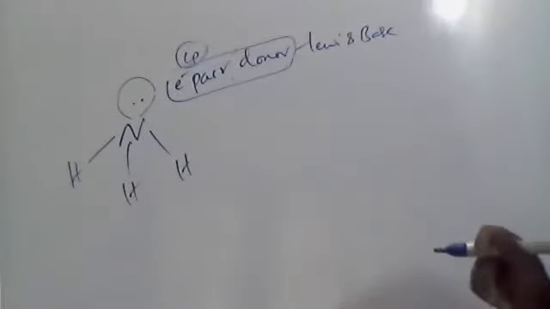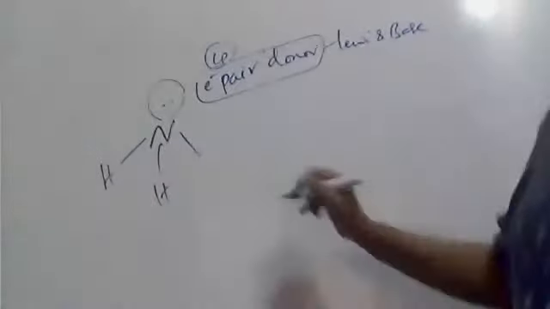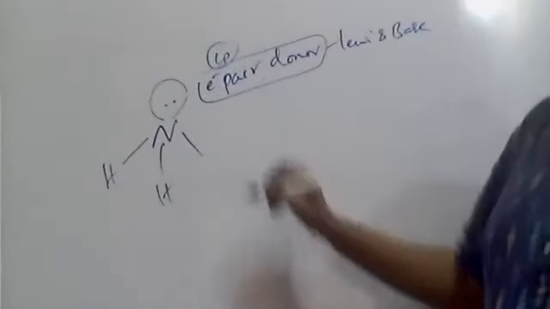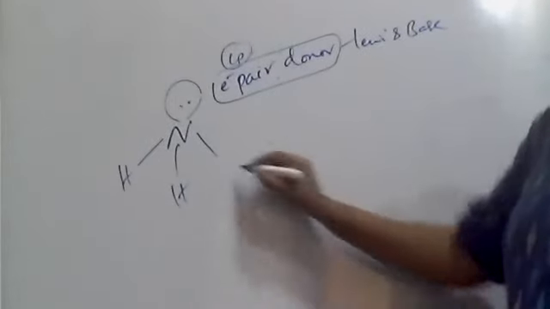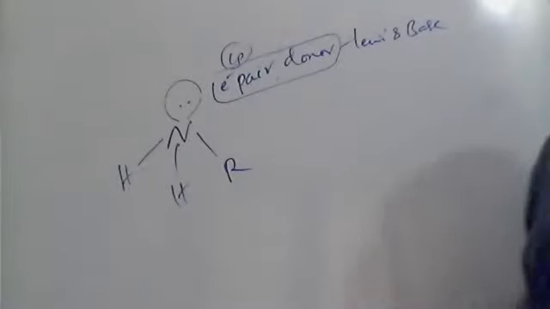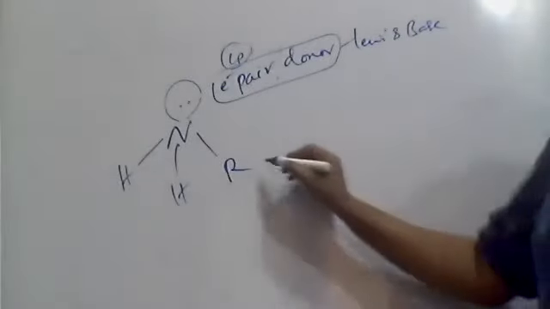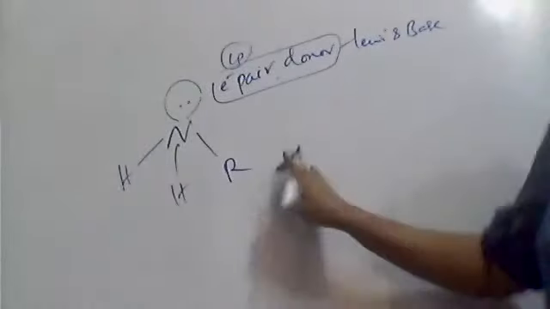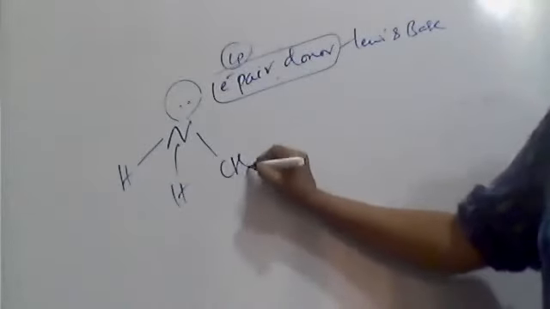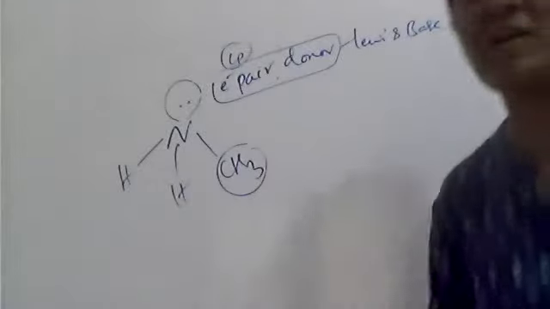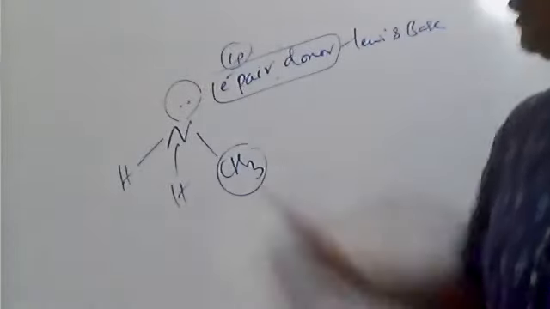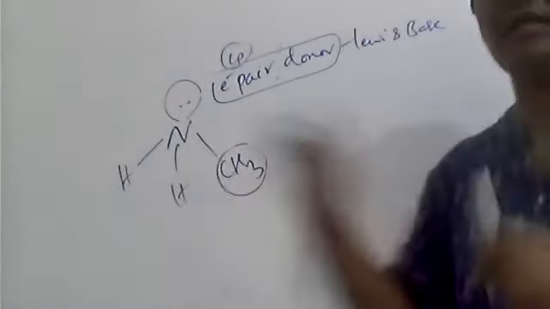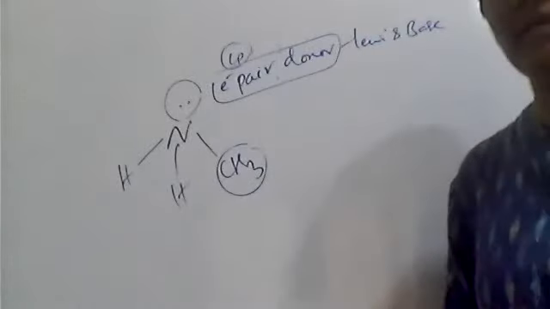So if you replace one by one the hydrogens of ammonia, say if you replace one of the hydrogens of ammonia with alkyl R, where R is alkyl, just remove the hydrogen from the alkane and you get R. If you put methyl here, it is alkyl. Now this becomes an amine. Since only one carbon is attached to nitrogen, it is a primary amine.